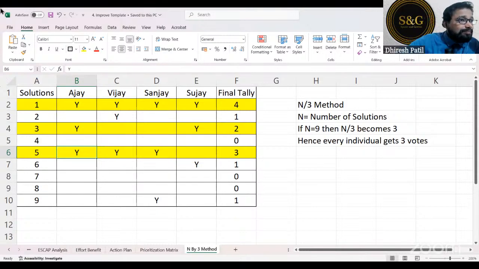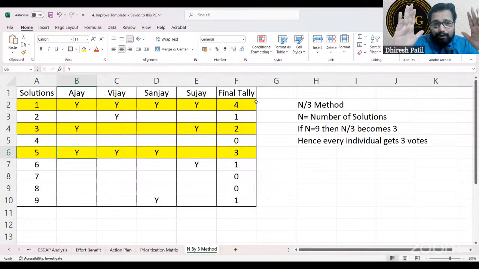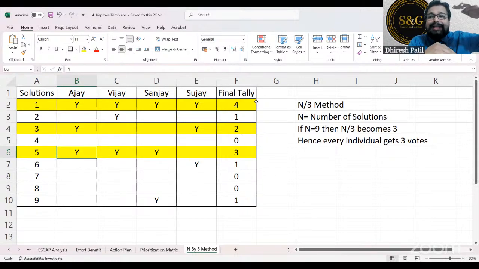The 3 in n/3 means we are dividing by 3. Out of these 9, everybody will decide only 3. That way we are prioritizing the top ones. That is the only reason for the 3 in n/3.